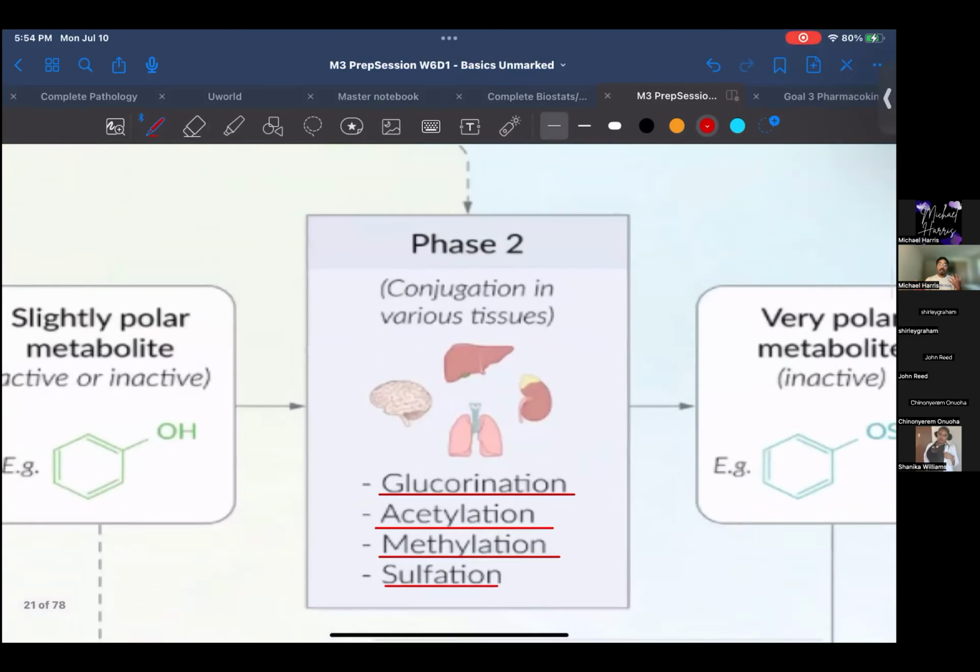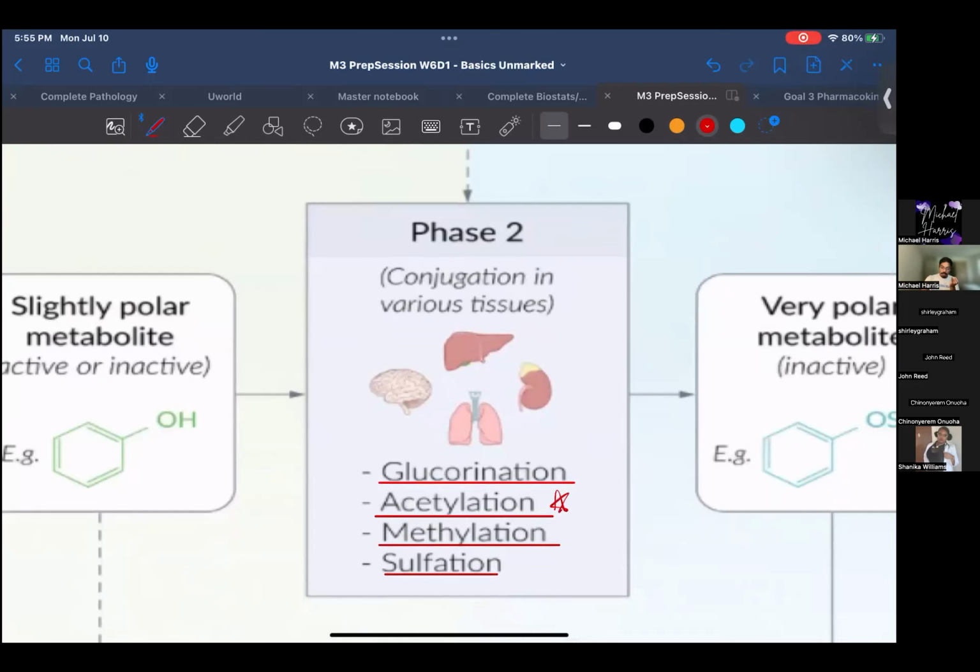Then phase 2 is where you undergo additional processes like conjugation, like acetylation. This is a big one. Acetylation occurs in phase 2.